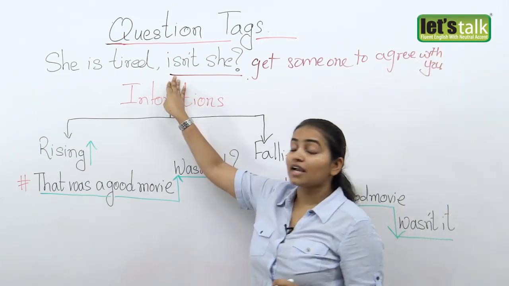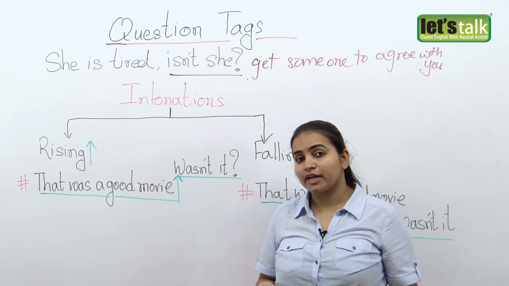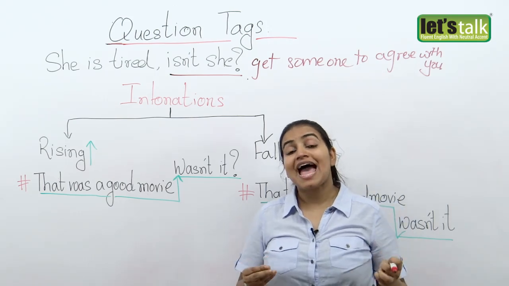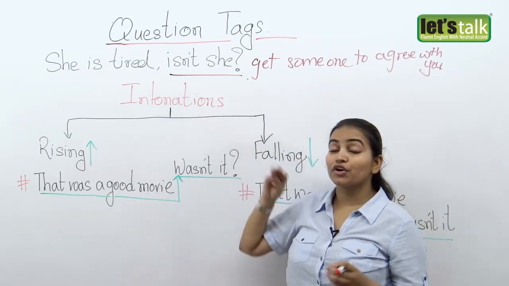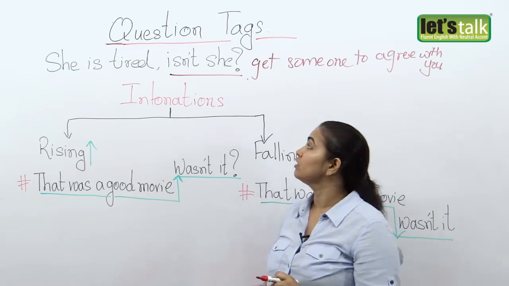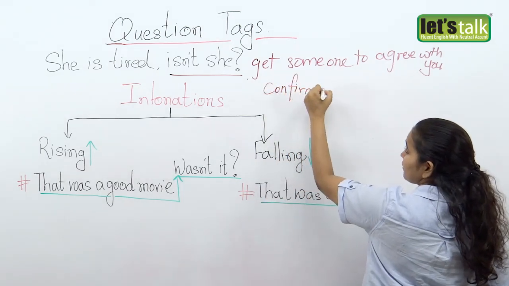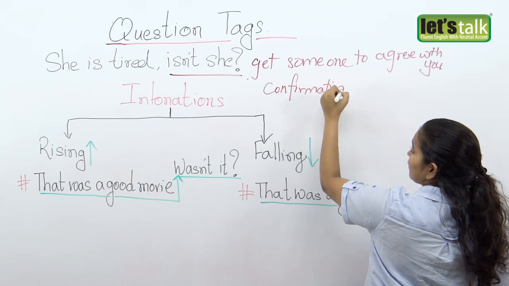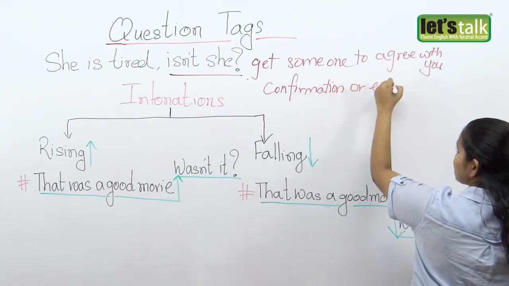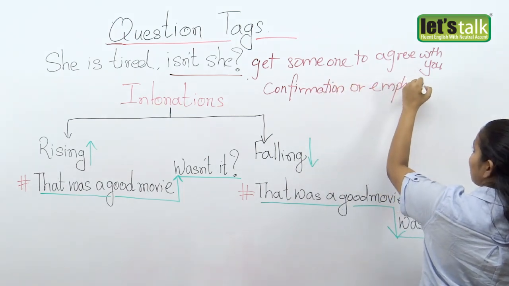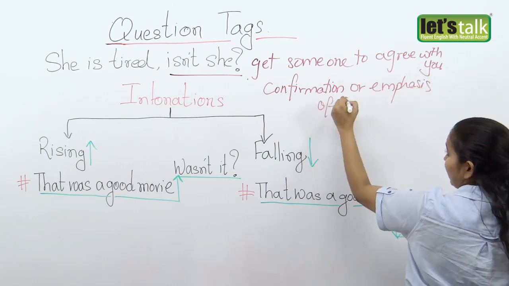And a question tag is almost a confirmation or gives us an emphasis on what we're actually trying to prove. So it is a confirmation or an emphasis of the point you make.